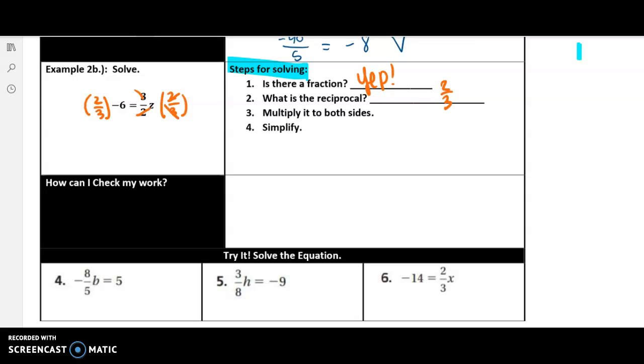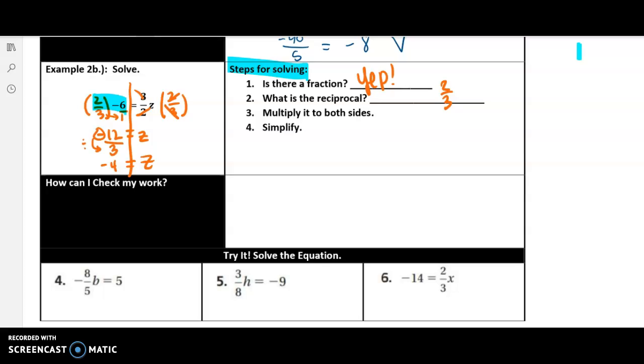The 2's cancel, the 3's cancel, and now we just have z is equal to, I always put that over 1, so 2 times 6 gives us negative 12 because it's a negative 6, and then 3 times 1 gives us 3. 12 divided by 3 gives us 4, but it's going to be negative. And so z is equal to negative 4.